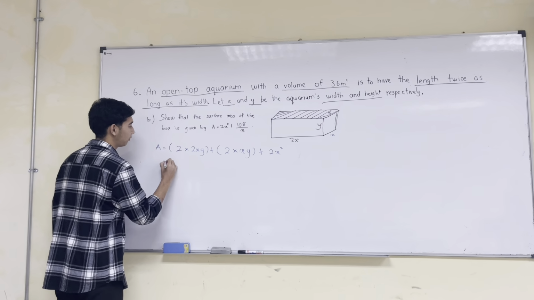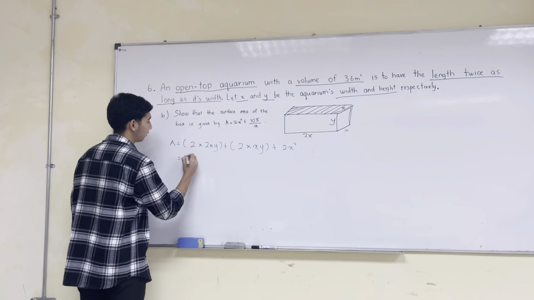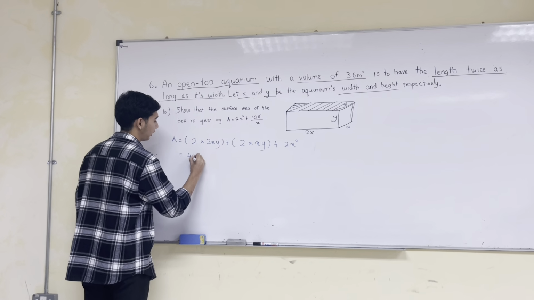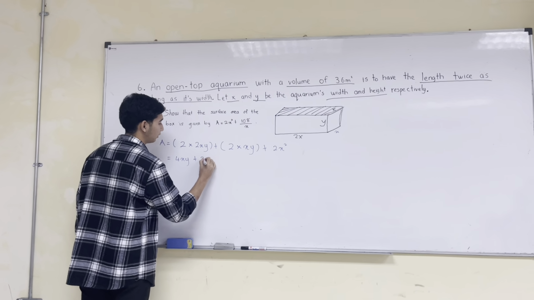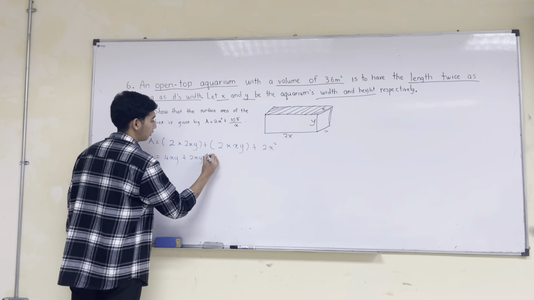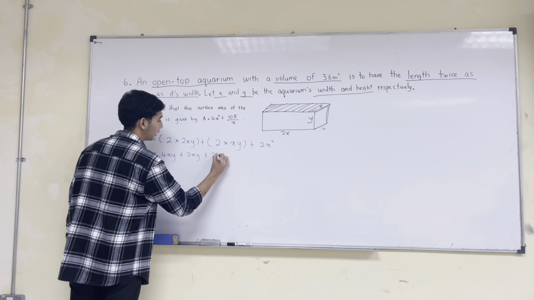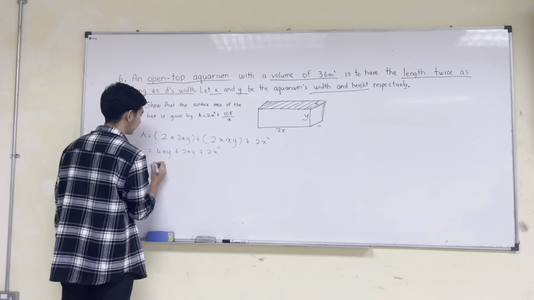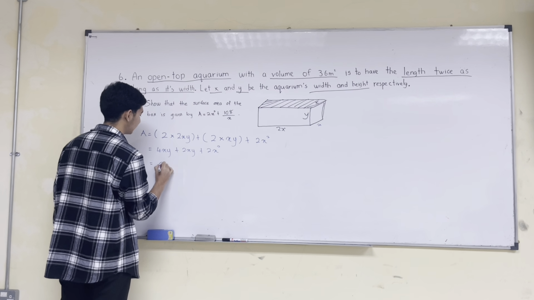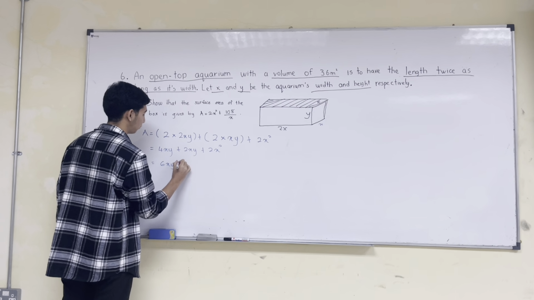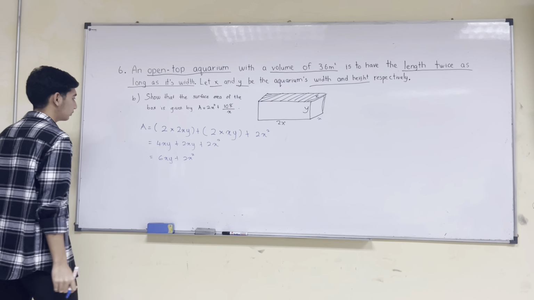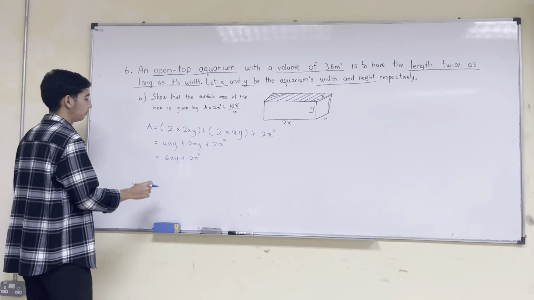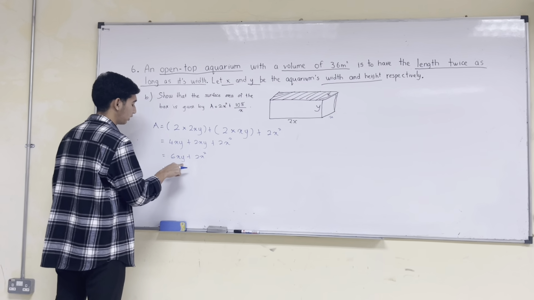When we calculate this, we get 4xy plus 2xy plus 2x squared. We will get 6xy plus 2x squared.